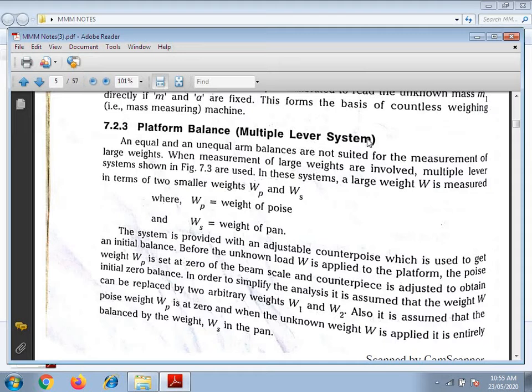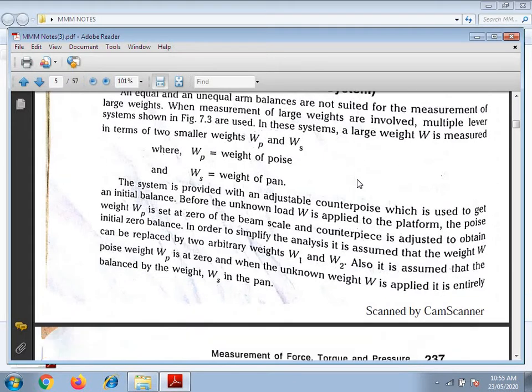It is a multi-lever system, that is an improved version of the unequal arm balance. As its name itself indicates, more levers are used. Very important thing is, when the levers are more and more, you get more magnification, so more weight can be measured easily. Okay, just you see the sketch.